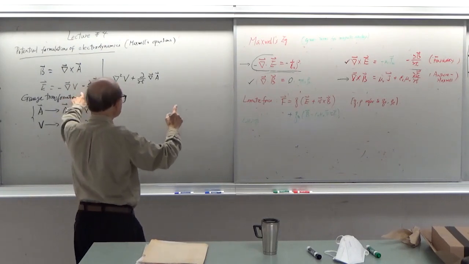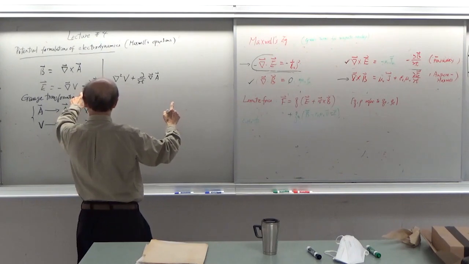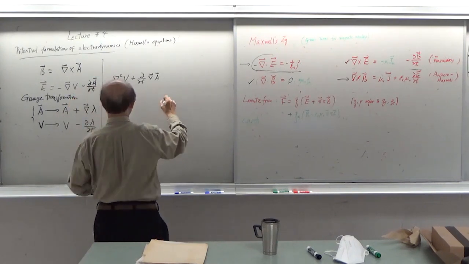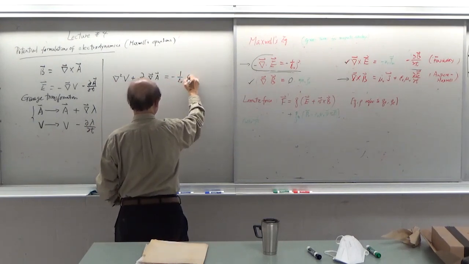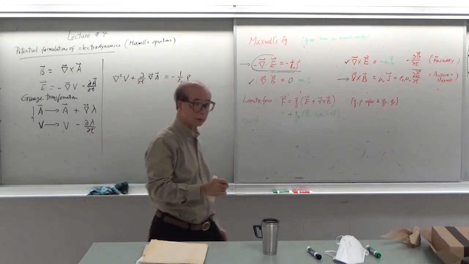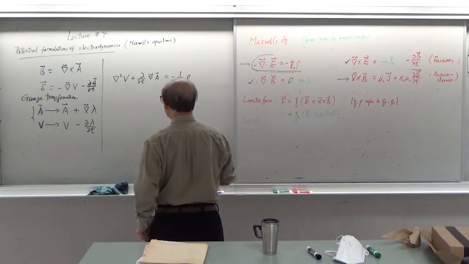Minus, right. So that would be minus 1 over epsilon naught times the charge density. Okay.